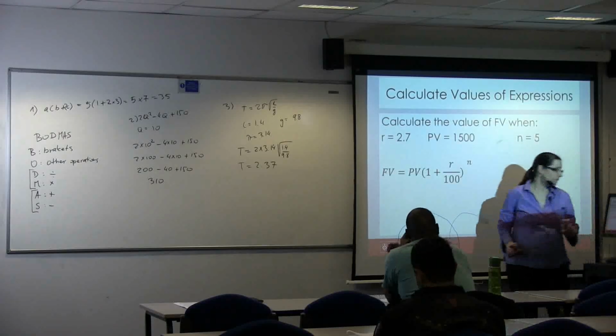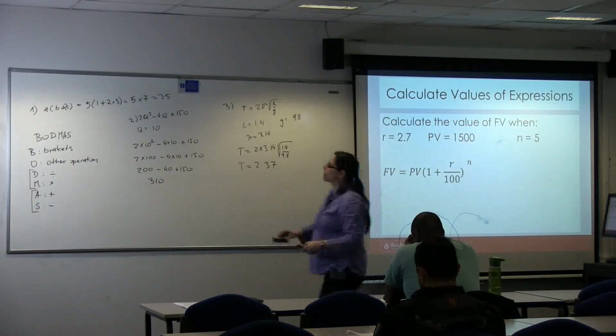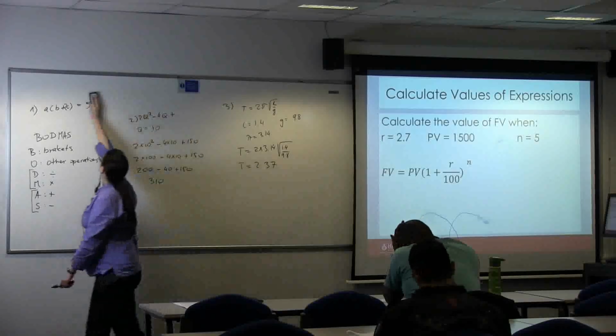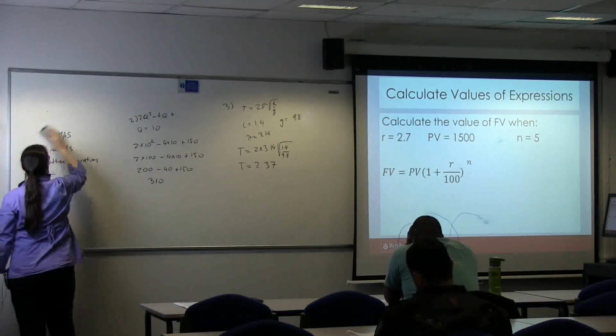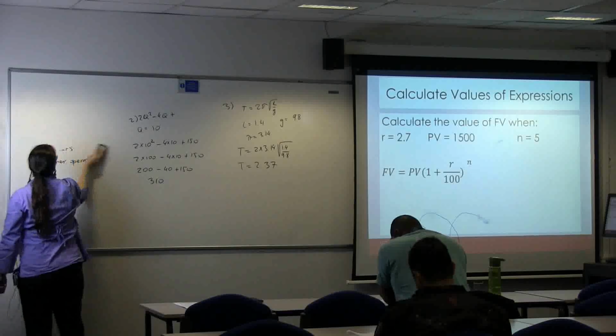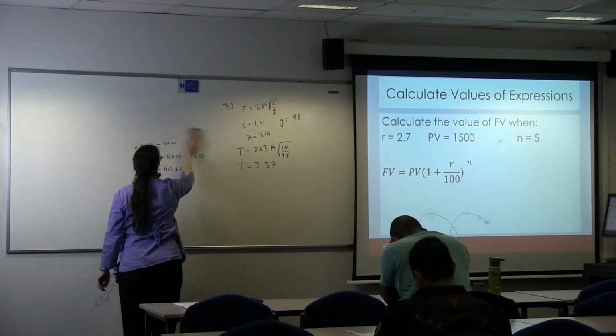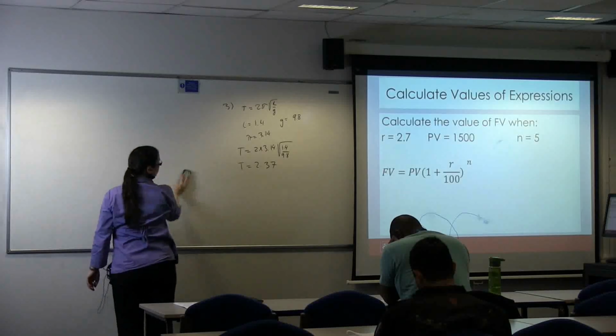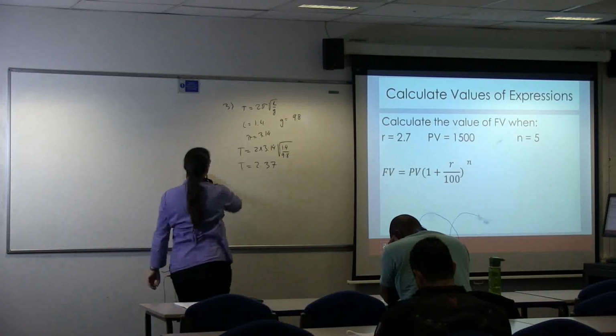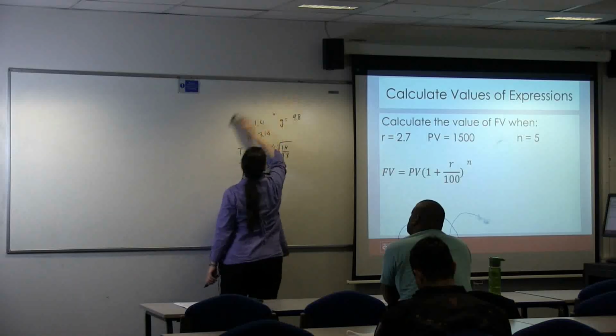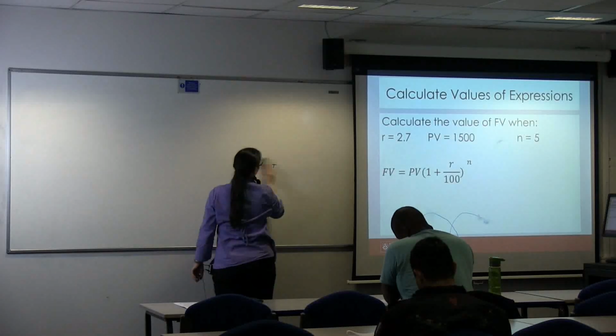Okay. Now, this is a more common business-like example. Those of you who study business, what is this formula used for? Interest? Yes. What kind of interest? Compound interest? Exactly.